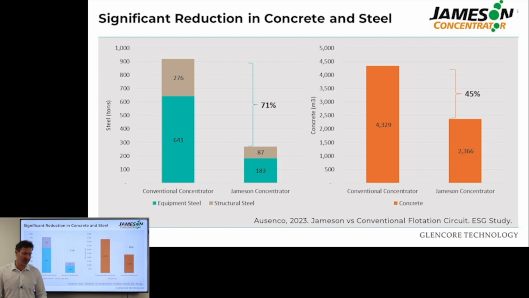The Jameson concentrator cut the steel consumption by over 70%. As for the concrete, the Jameson concentrator required 45% less concrete for the installation.